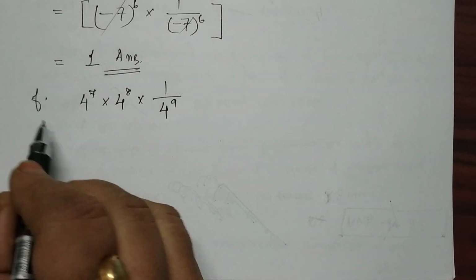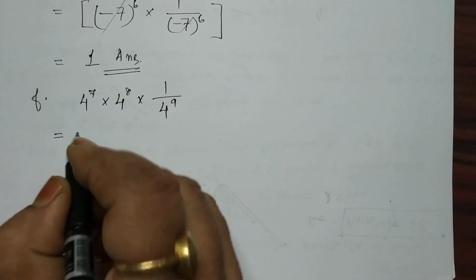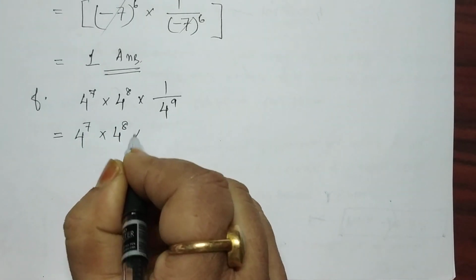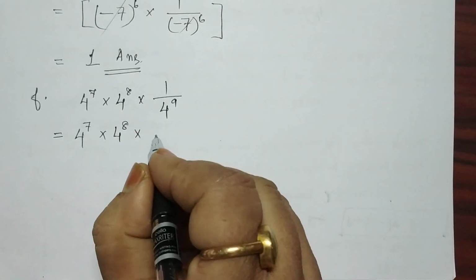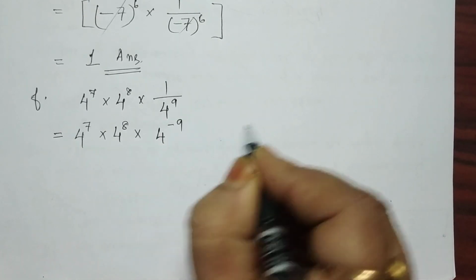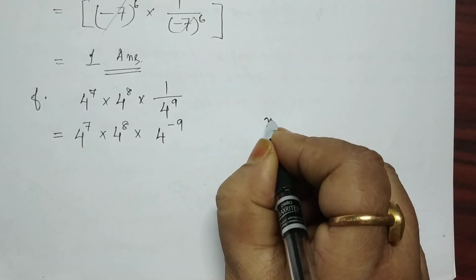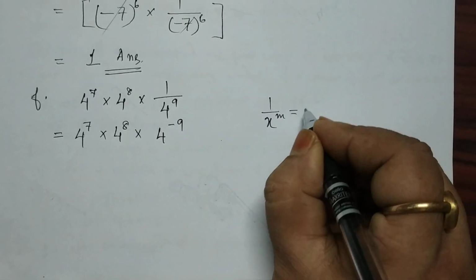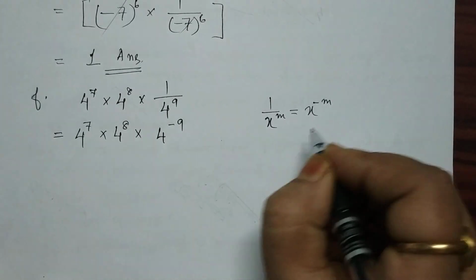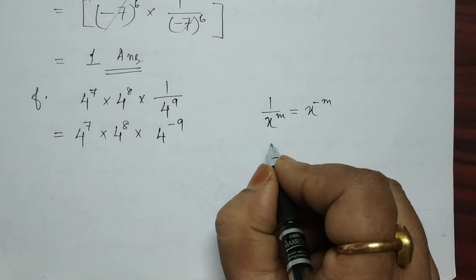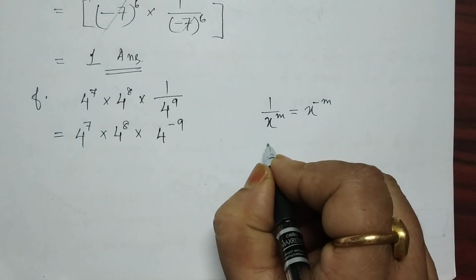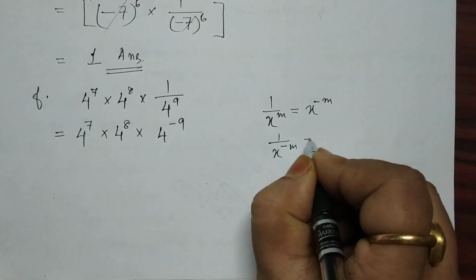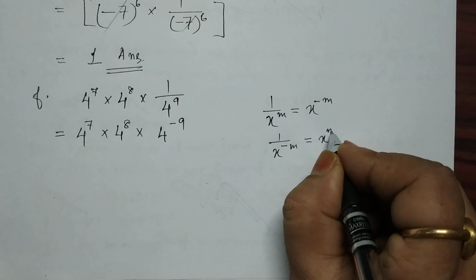Next question number F. Here 4^7 times 4^8 times this one we can write 4^(-9), because we know that 1 by x^m is equal to x^(-m), and another, 1 by x^(-m) is equal to x^m.